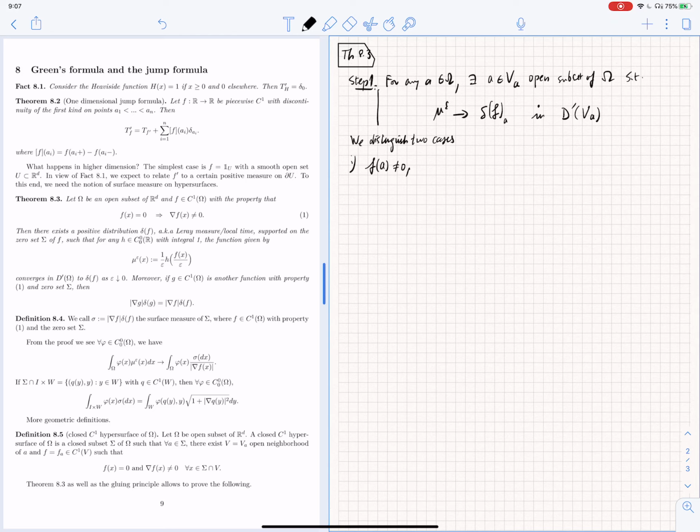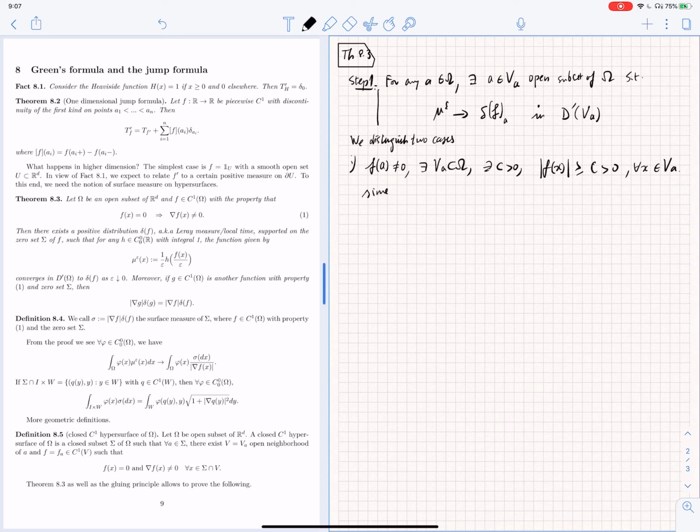If this is the case, then we can find V_A, which is a neighborhood of A, an open subset of omega, such that there exists a C, and for all the points inside V_A, the function takes a value away from 0. This is away from 0 for any x in V_A. Okay, V_A is the neighborhood of A.